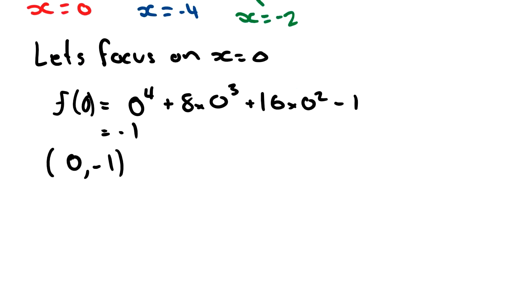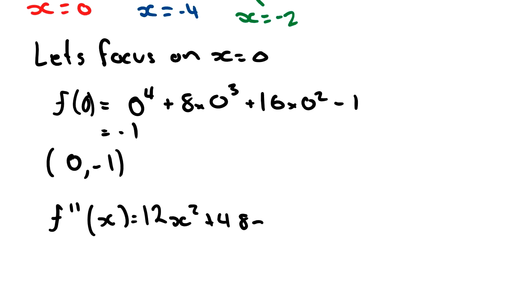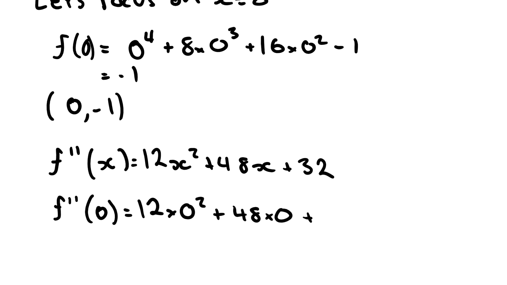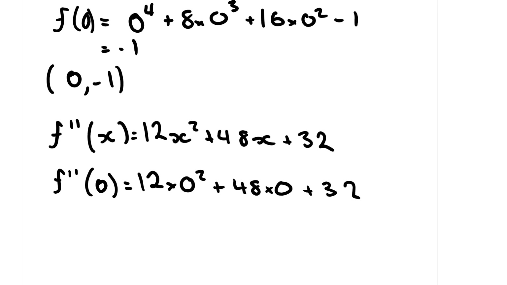The next thing we need to determine is our second derivative. If you remember, that was 12x squared plus 48x plus 32. Now, we're changing all the x's to 0. So we get 12 times 0 squared plus 48 times 0 plus 32, which equals 32.